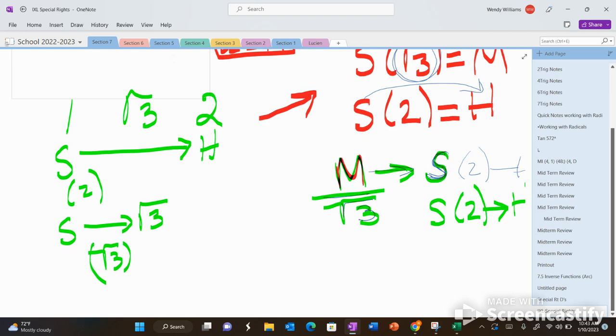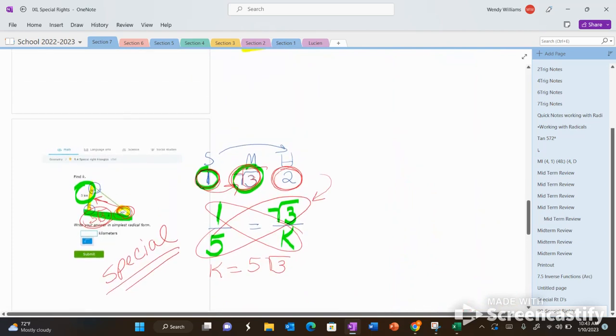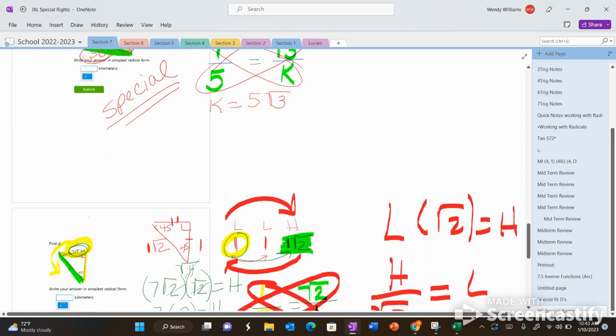Instead of multiplying by 2, hypotenuse divided by 2. To go from medium back to small would be medium divided by the square root of 3. In either case, you end up with the small. Why do we want the small? Because the small is easy. It's a 1 ratio, and anything times 1 is easy to find.